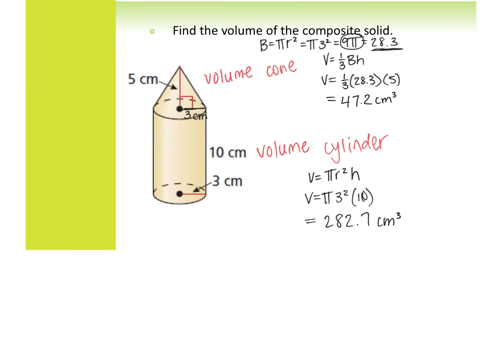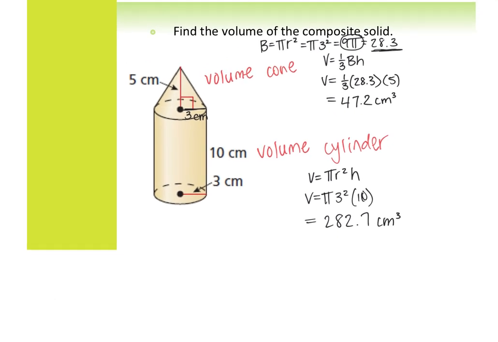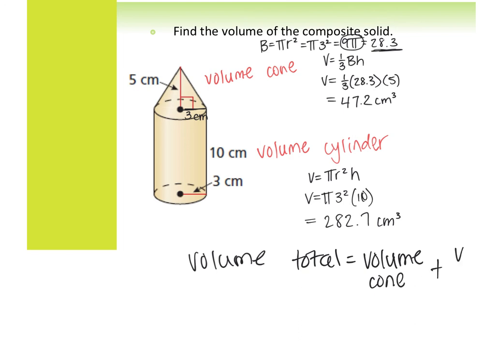All right. And how do I find the volume of the whole thing? Mariana? Very good. So volume in total equals volume of cone plus the volume of the cylinder.